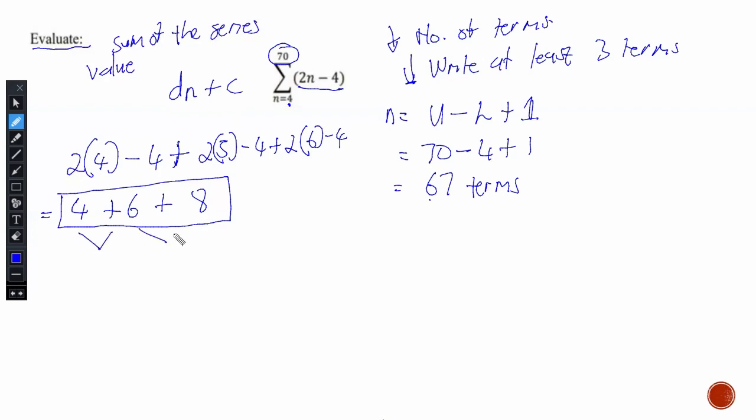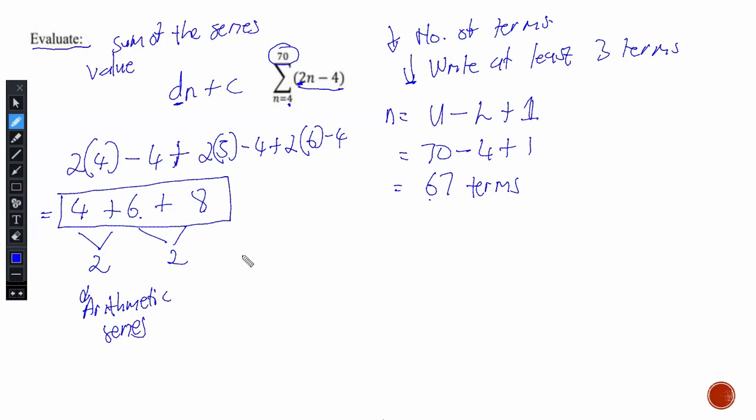The common difference from 4 to 6 is 2. From 6 to 8 is also 2. This is the common difference, right? So now we are sure that this is an arithmetic series.